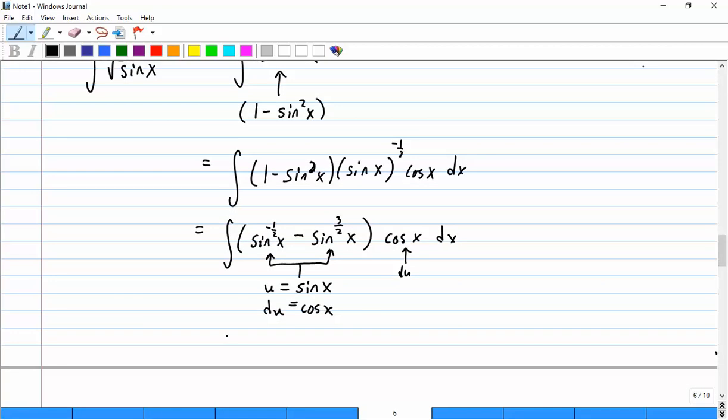All right. So this is going to be the integral of, how do I write my u notation now? U to the negative 1/2 minus u to the 3/2 du.